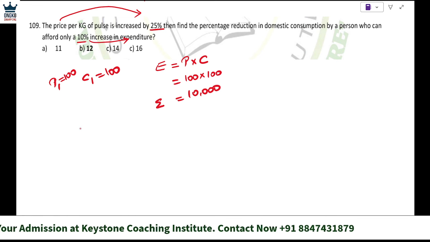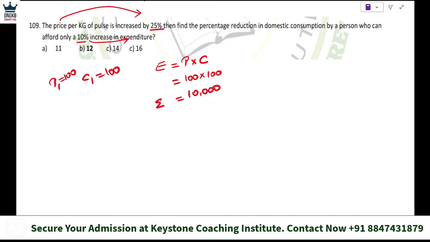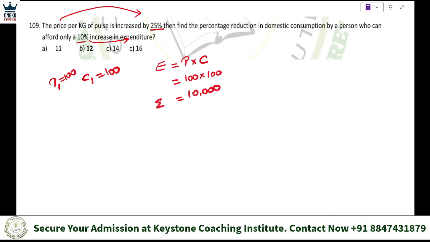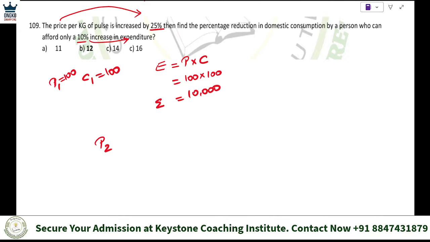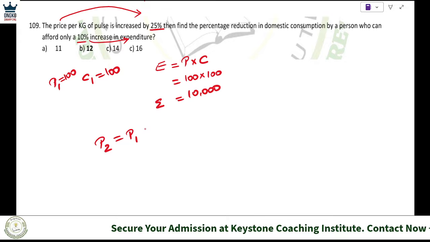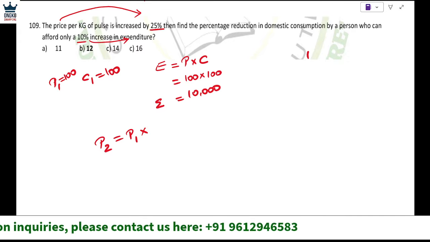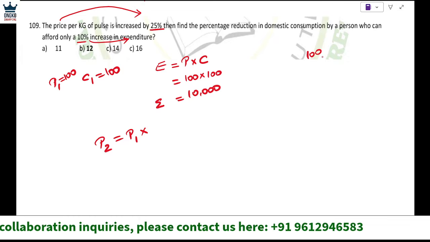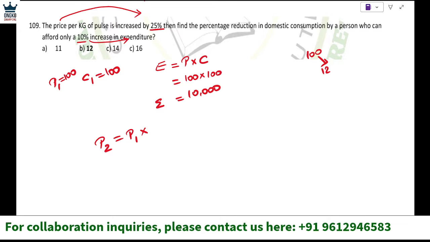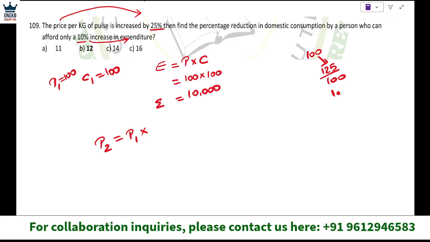So now, since the price is increased by 25%, the new price will be P2. A 25% increase on 100 gives 125, as a percent this becomes 1.25.